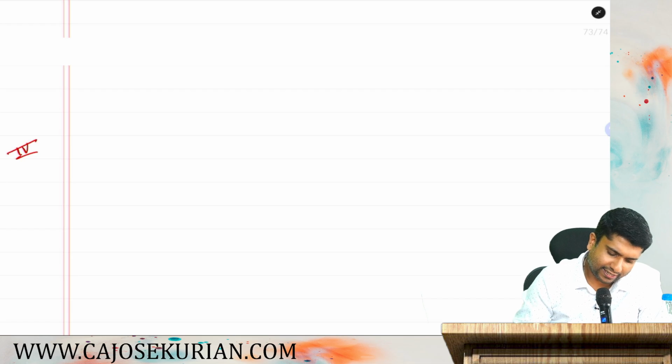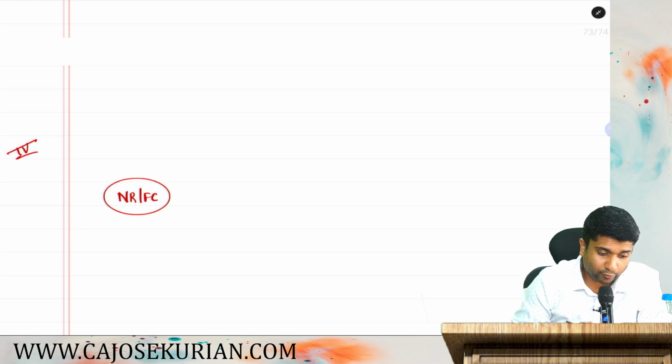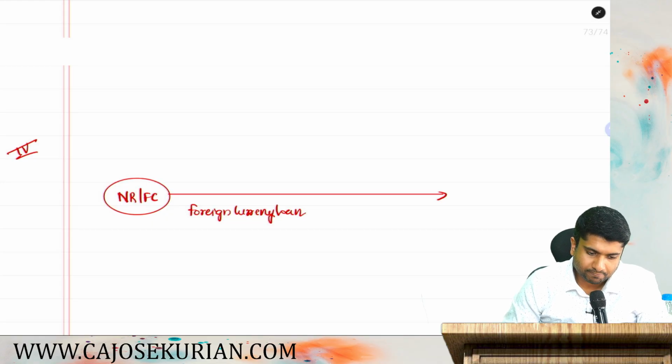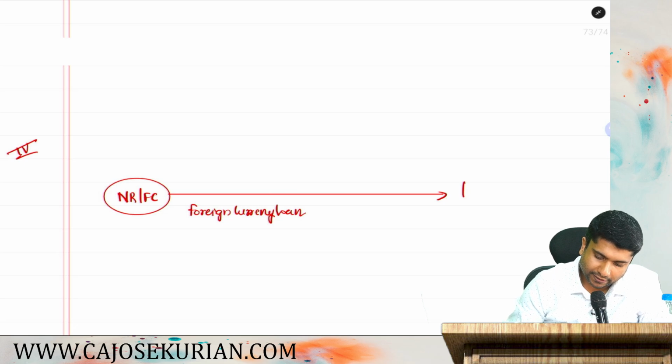Point number 4. Again, say you are a non-resident or a foreign company, and you have given a foreign currency loan either to an Indian company or to a business trust.